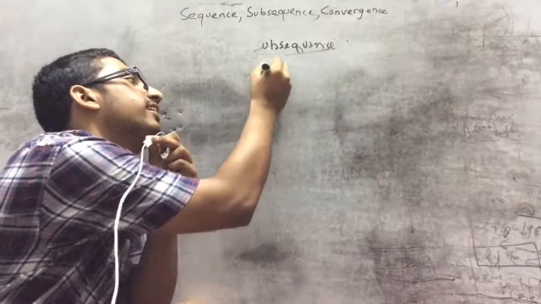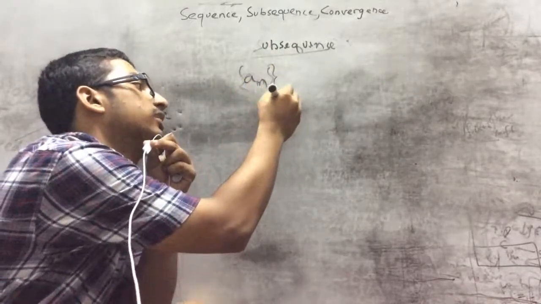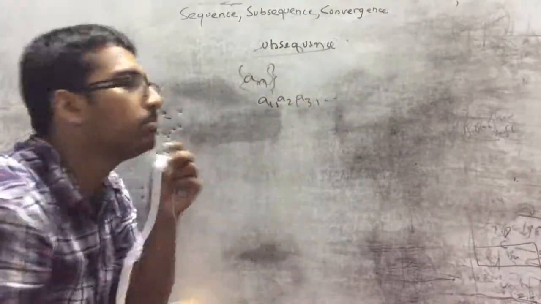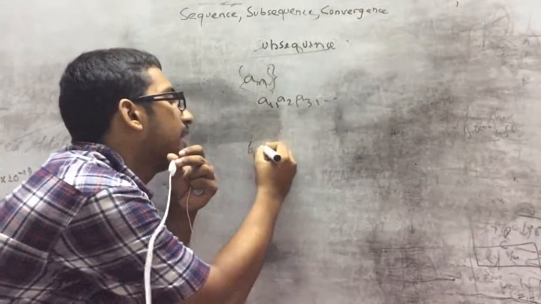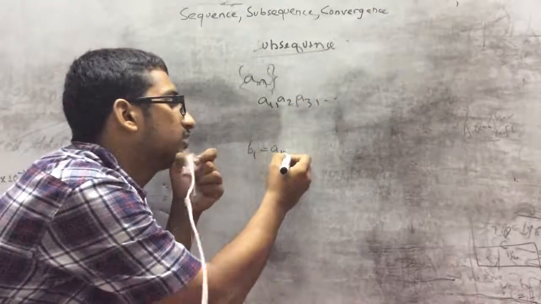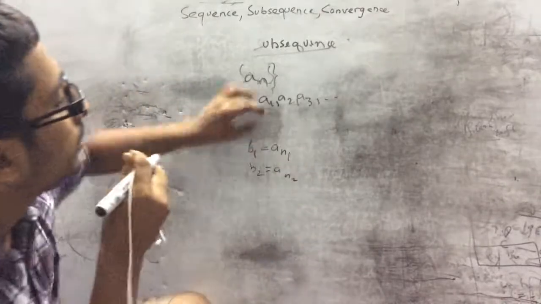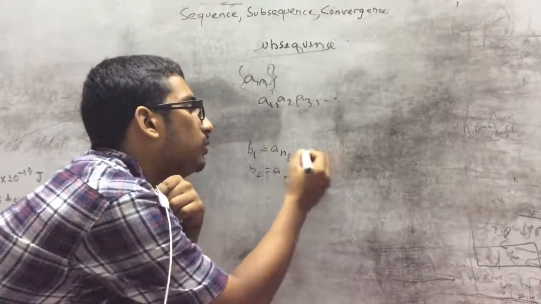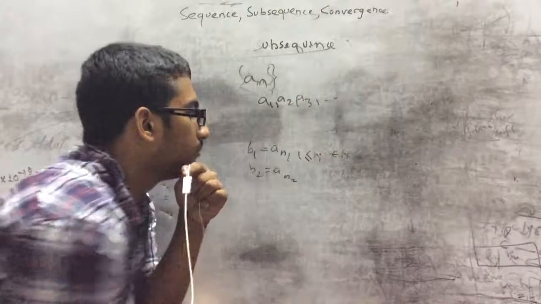Take a sequence a_n, like a1, a2, a3, and so on. Take any first term b1 equal to a of n1, and define it as the first term of the new sequence. b2 is equal to a of n2. These n_i are the indices of any numbers from this sequence, with n_i greater than or equal to 1, natural numbers.